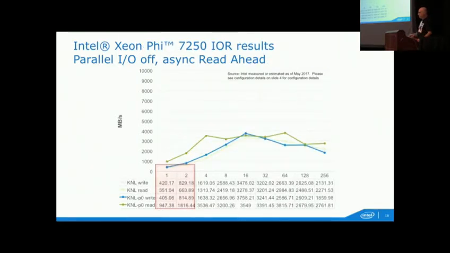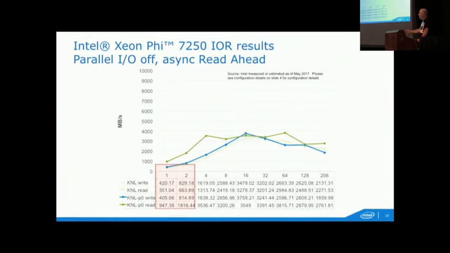For Xeon Phi systems, the picture is not so good, but anyway, as you can see, the main focus of my work was to improve single-threaded performance, and this performance was significantly improved, at least twice.